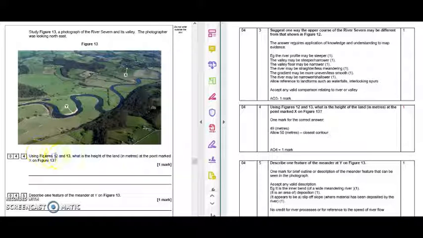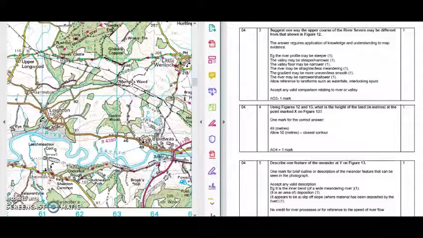4.4, using figures 12, which was the map, and 13, this photograph, what is the height of the land in meters at the point marked X? So this takes a little time because you're going to have to find where this is on the map, which isn't too straightforward. But we can see in the foreground you've got the meandering rivers, and then there is a settlement that we are trying to find the height of. So we'll look back onto the other figure.